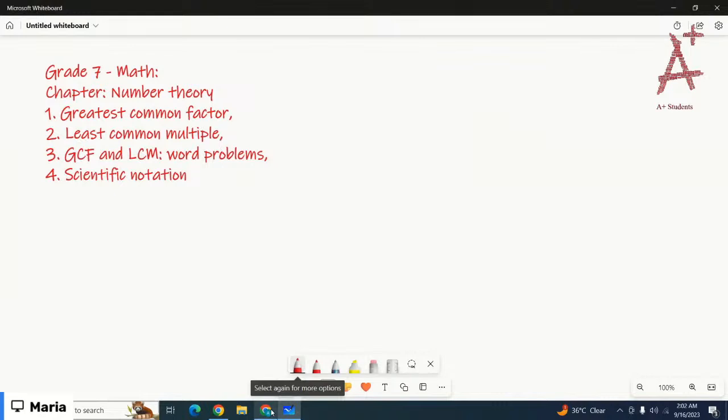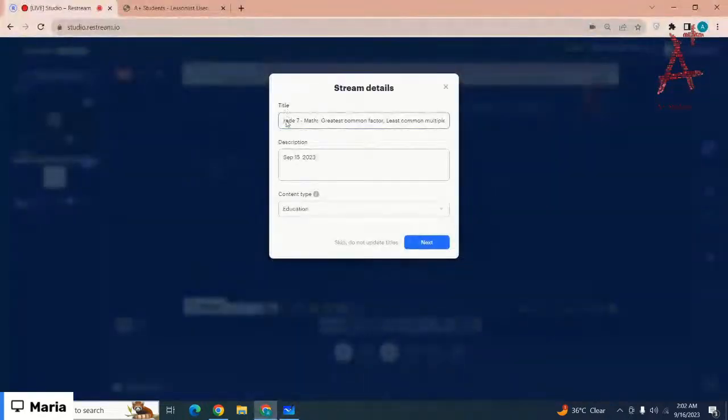Just look at the name, greatest common factor, right? That means it would be the greatest of the common factors of all. You can note down the definition. I'm going to write the definition.